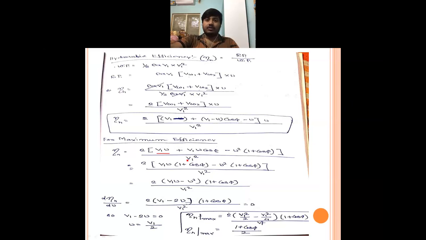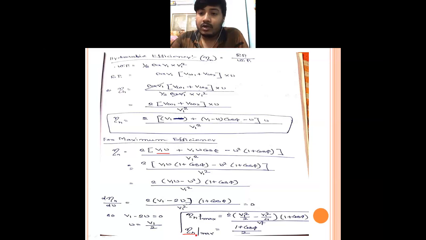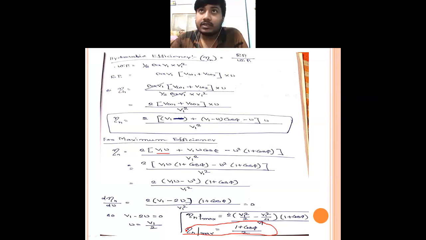If we put it in this equation, we will get v1 square by 2 minus v1 square by 4, multiplied by 1 plus cos phi, by v1 square. So this term will cut down, and eta h will come (1 plus cos phi) by 2. It is a very important equation. You must remember this. It is a very important equation.